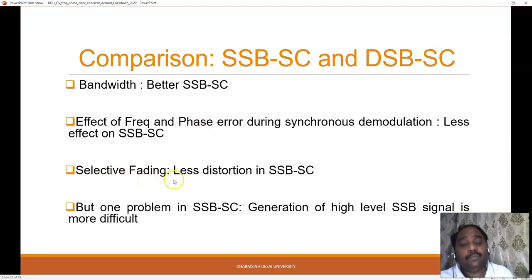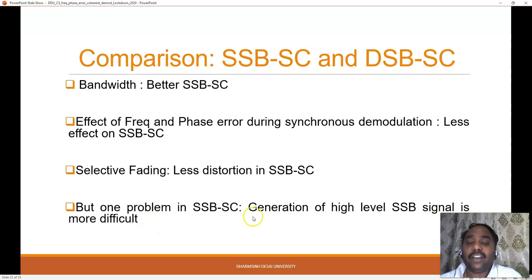Selective fading is also less in SSB-SC compared to DSB-SC, because in SSB-SC only one sideband is transmitted. In the case of DSB-SC, two sidebands are transmitted, so selective fading is going to be the main problem there.